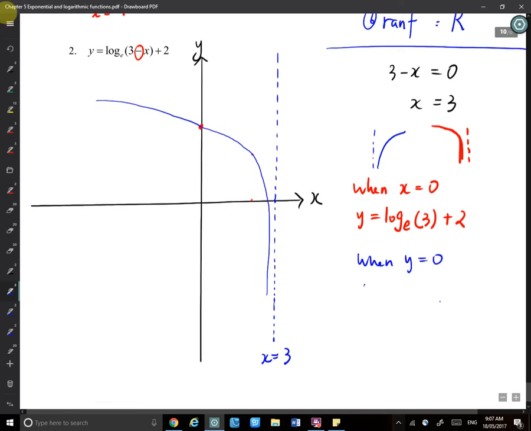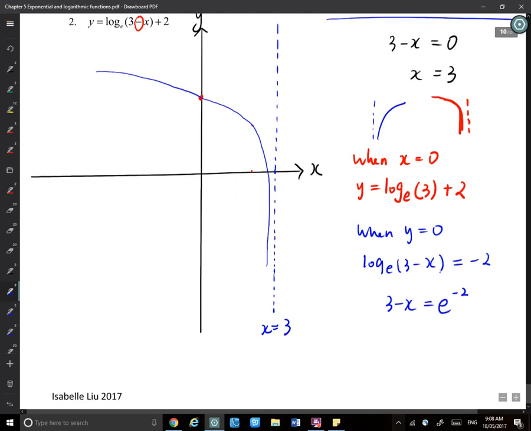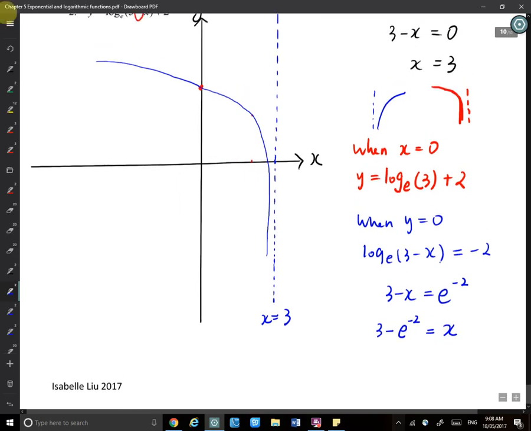Okay, wrong calculations. log e of (3 minus x) equals minus 2. And then 3 minus x will equal e to the power of negative 2, not log e. And 3 minus e to the power of negative 2 equals x. So x equals 3 minus 1 over e to the power of 2.